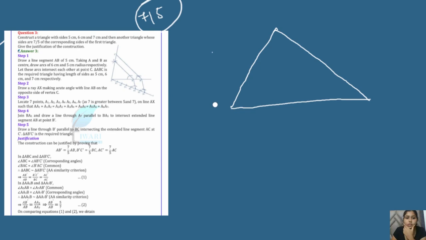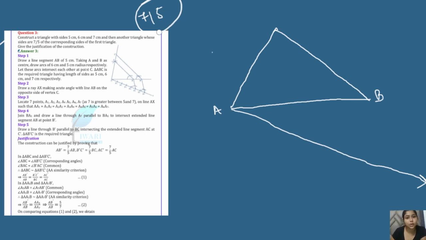So let's just suppose this be A and B. First of all, you will make an acute angle like this. Now from 7 and 5, which one is the largest?